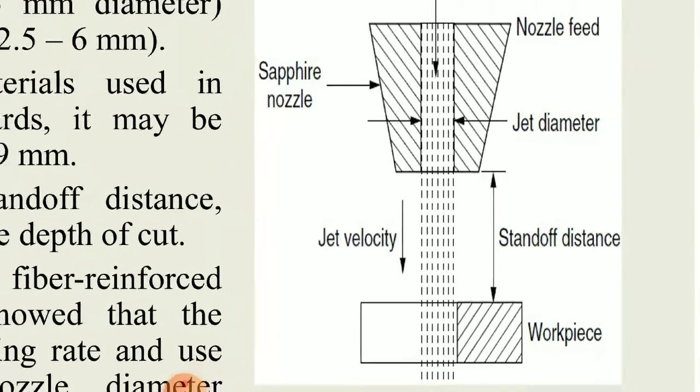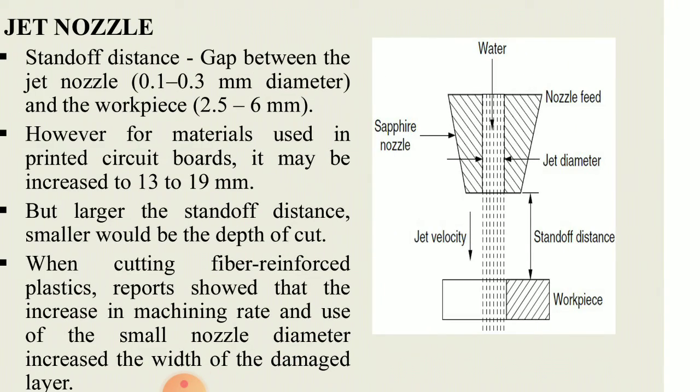For successful machining operation, we are keeping the diameter of the water jet, fluid jet, in the range of 0.1 to 0.3 mm, and a standard standoff distance is ranging from 2.5 to 6 mm. However, for material used in the printed circuit boards, it may be increased to 13 to 19 mm.